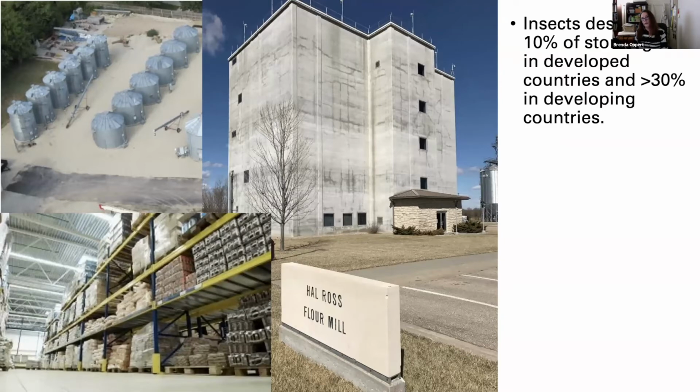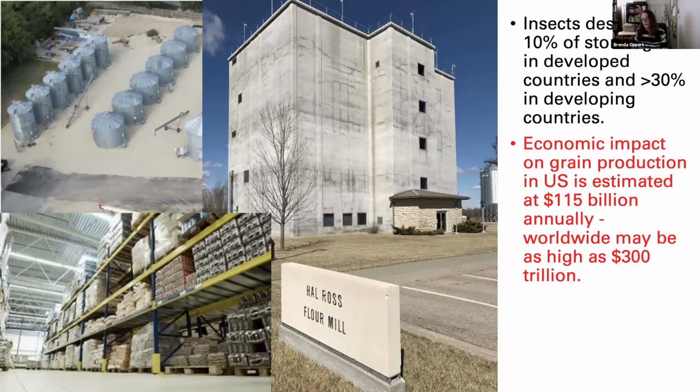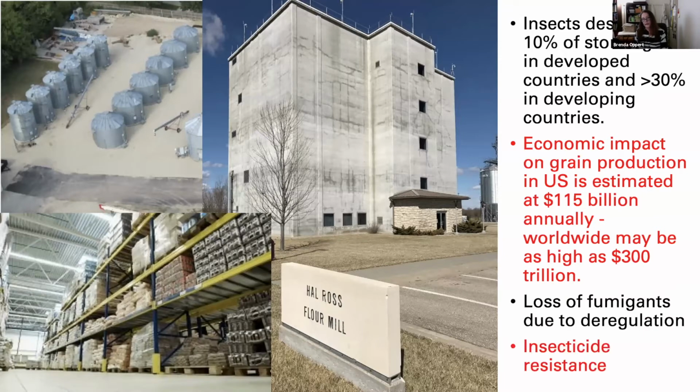The reason that we're interested in working in this area is that insects can destroy up to 30% of food in developing countries, and the economic impact is large. Effective control is threatened by the deregulation of fumigants, and insecticide resistance is the most pressing problem, and we really need sequenced genomes in order to work on these problems.